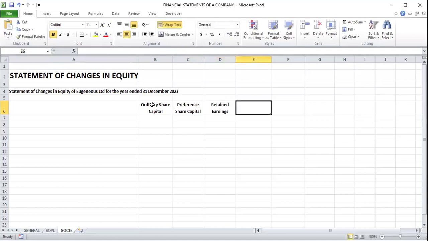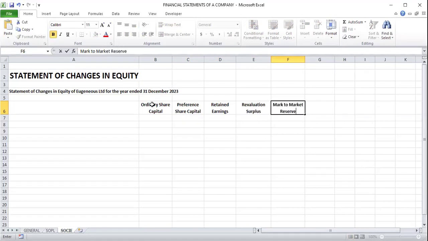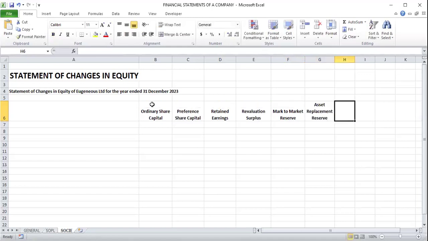Then we'll have our revaluation surplus. Then we'll have our mark to market. We can have our asset replacement reserve. Then we can have our total equity.